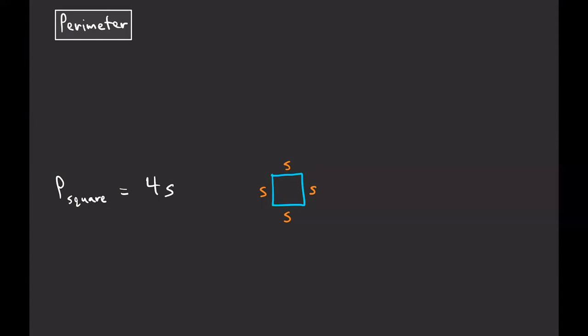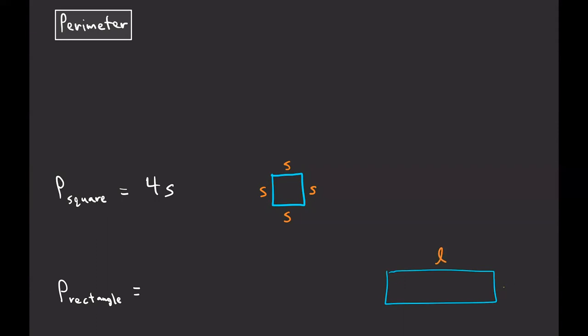where S is just whatever that side length of the square is. We could also look at something like a rectangle, which is similar to a square, but obviously not quite the same thing. On this rectangle here, we may have a length and we may have a width.